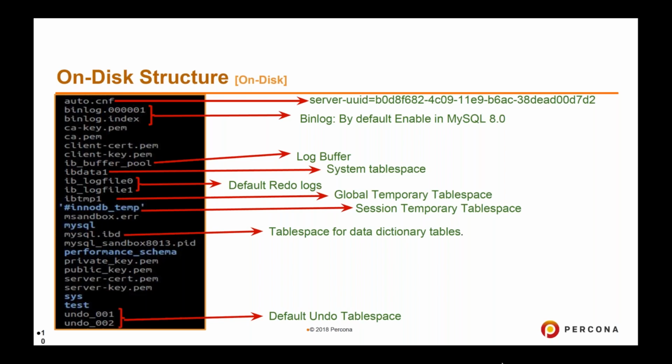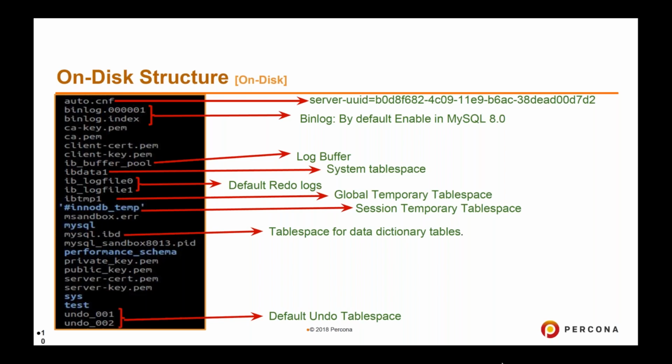But in 8.0, they introduced it not only globally, but also at the session level. Whatever you're doing in a session can be stored separately, and whatever operations happen at the global level can be stored in the global temporary table space. We'll discuss this later in detail.